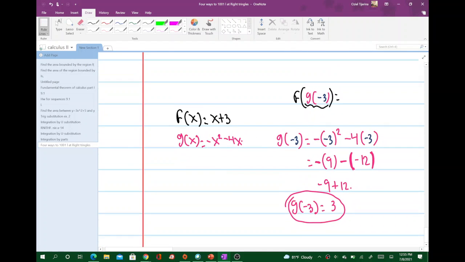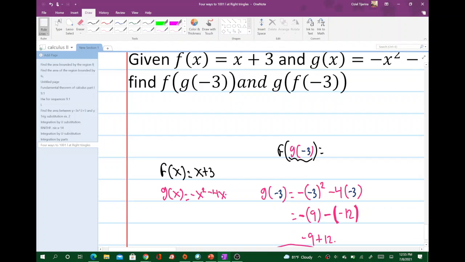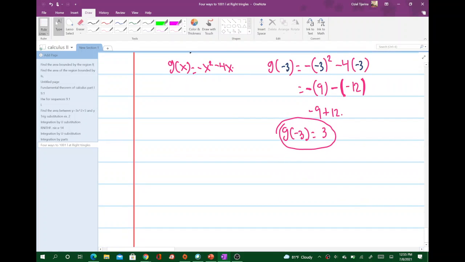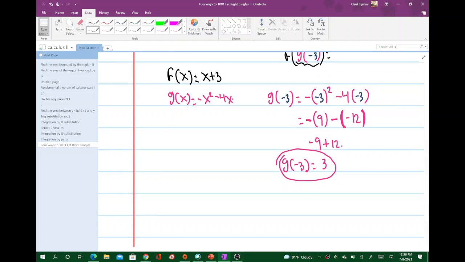Now, you want to do f of g of negative 3. So again, it's f of, and it's going to be g of negative 3. So like this, right?